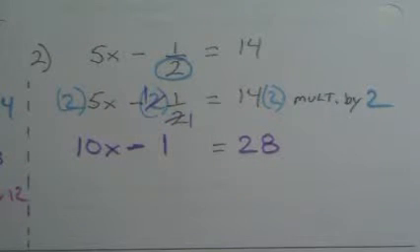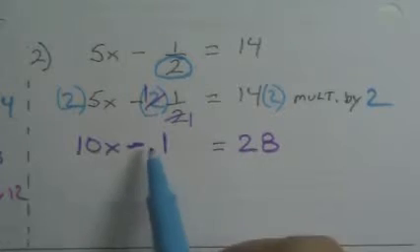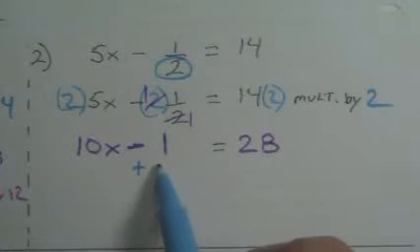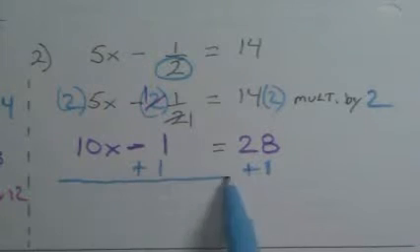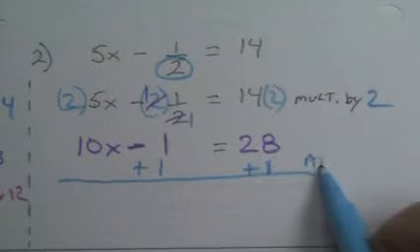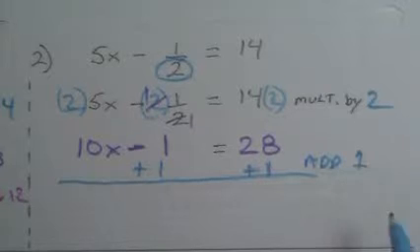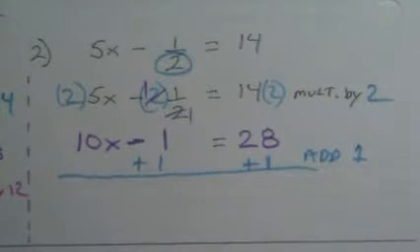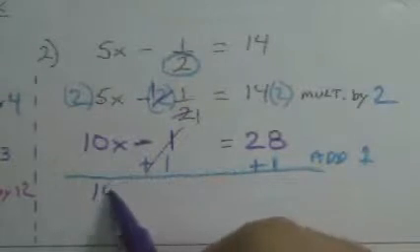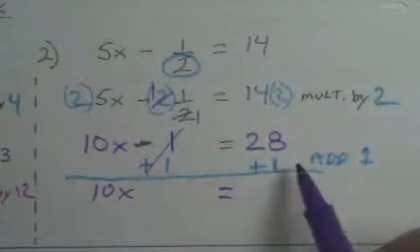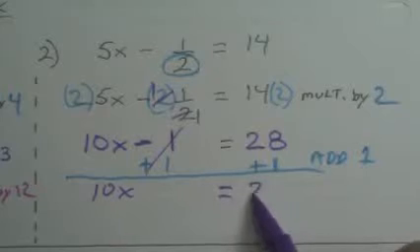Okay, next step is, well, now a two-step problem, get rid of the minus 1, the constant, so I'll add 1. I'm going to write that over here by steps. So I'm going to add 1. Okay, and if I do that, that's gone. I have 10x equals 28 plus 1 is 29.